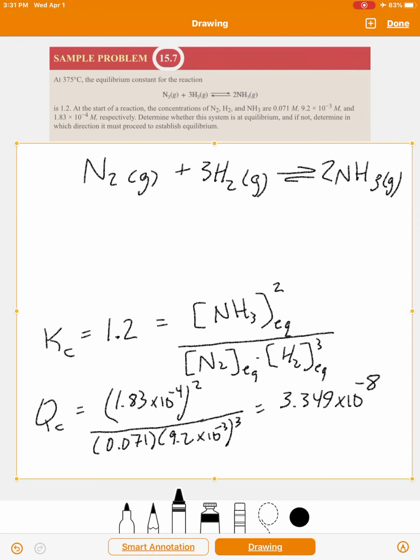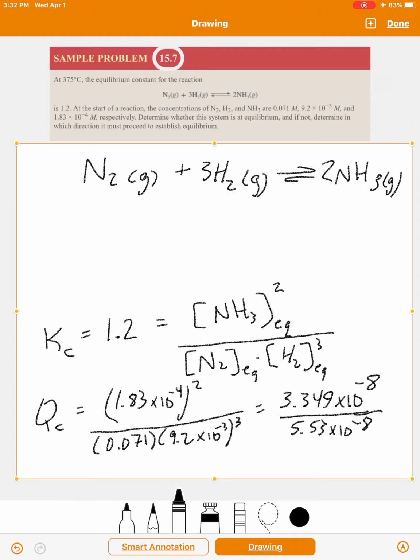And it looks to me as though I've got 1.815 times 10 to the minus 15. I'm going to check that by taking 9.2 times 10 to the minus 3 times 9.2 times 10 to the minus 3 times 9.2 times 10 to the minus 3, and then times 0.071. And yes, that is right. So it's 5.53 times 10 to the minus 8.